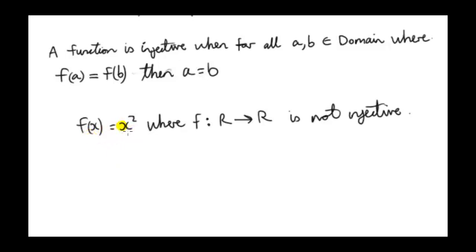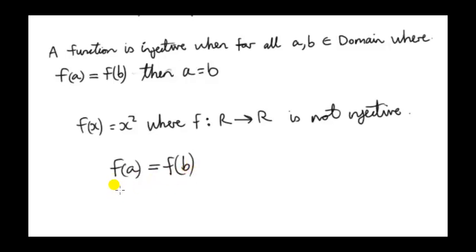Let's apply this approach to f of x equals x squared and show that it's not an injective function. Here the domain is R and the codomain is also R. So we imagine that we have two elements a and b such that f of a is equal to f of b. So we want to prove or disprove that a is equal to b.